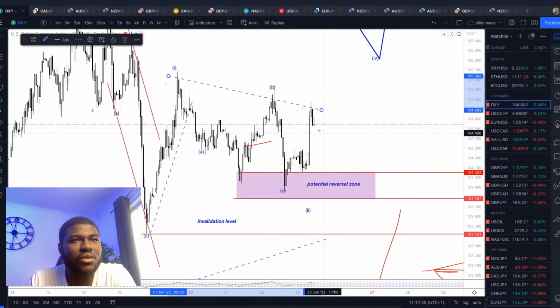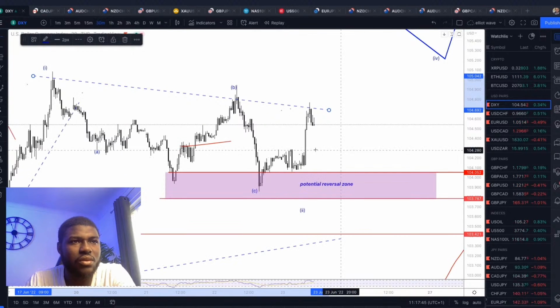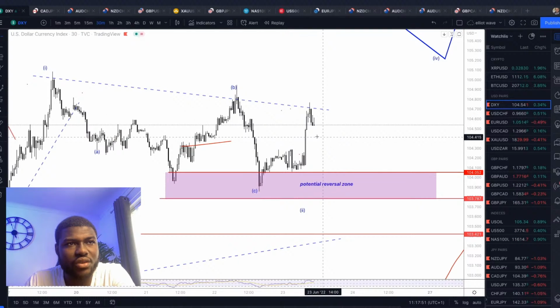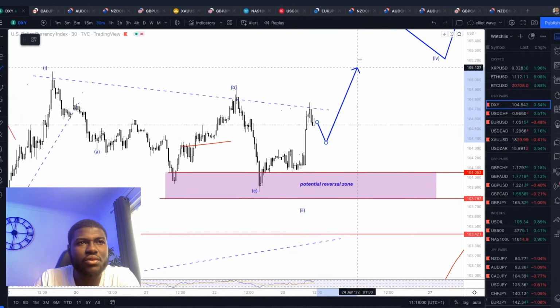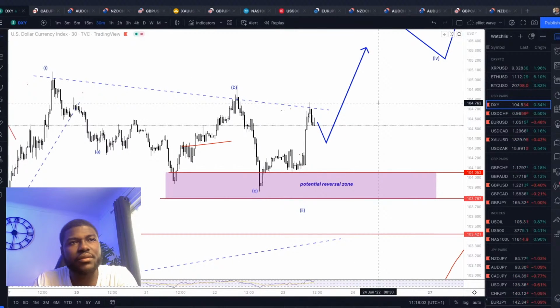Okay, so let's anticipate where this correction is going to lead to. All of this is impulse. If this is wave 1, this correction wave 2, this should be wave 3, and this should be wave 4 correction that will be terminating anywhere here. After then, my brother, there is high possibility for the bullish trade to resume to the upside.